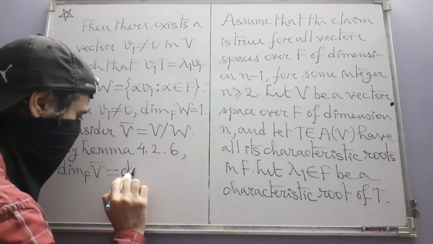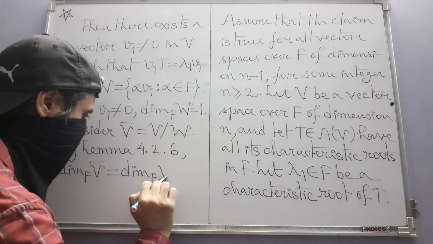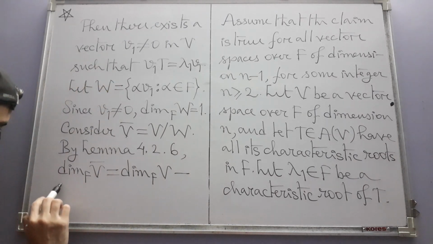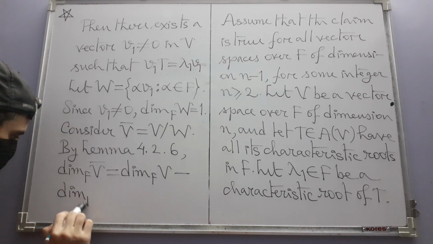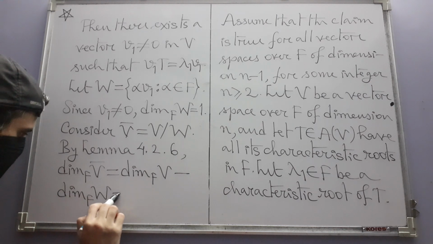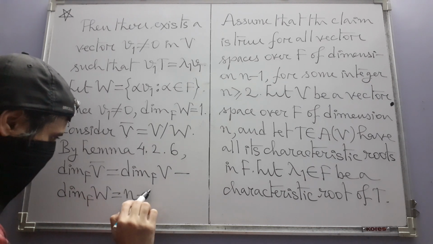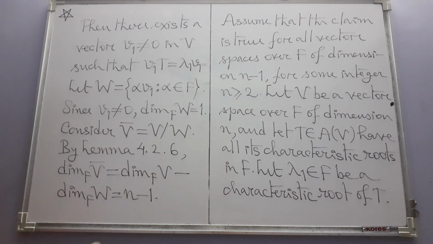This is dimension of V minus dimension of W, that is n minus 1, because W is one dimensional and V is n dimensional.